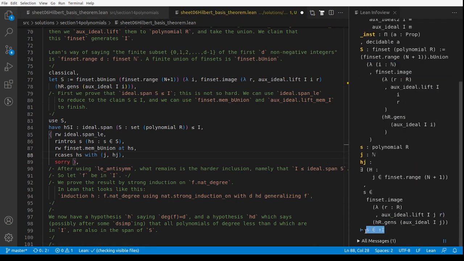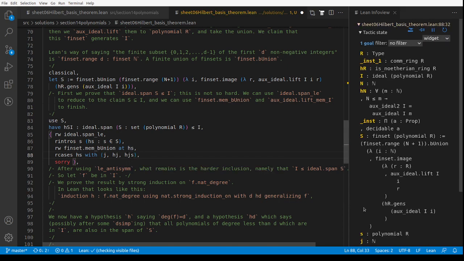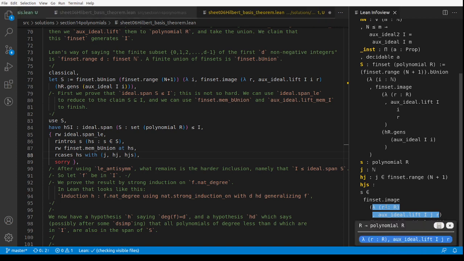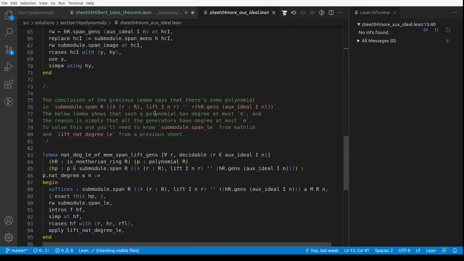And I've got to prove that s is in I. I mean, what about hjs? hjs now says s is in the image of that function there. I need the fact that orcs ideal lift of something lives in I. And we proved various things like that in earlier sheets, didn't we? That's not it.